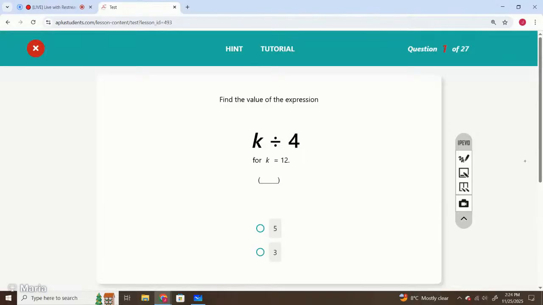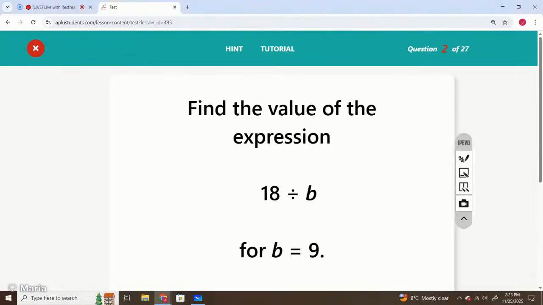So that is 12 divided by 4. 4 times what number is 12? 4 times 3 is 12, right? The correct option is 3. Option number 2 is the correct option.